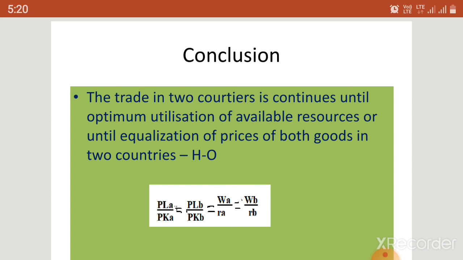According to the Heckscher-Ohlin theory, the trade will continue until the prices of both goods in both countries become equal. When is it possible? When the availability of the resources is equalized.